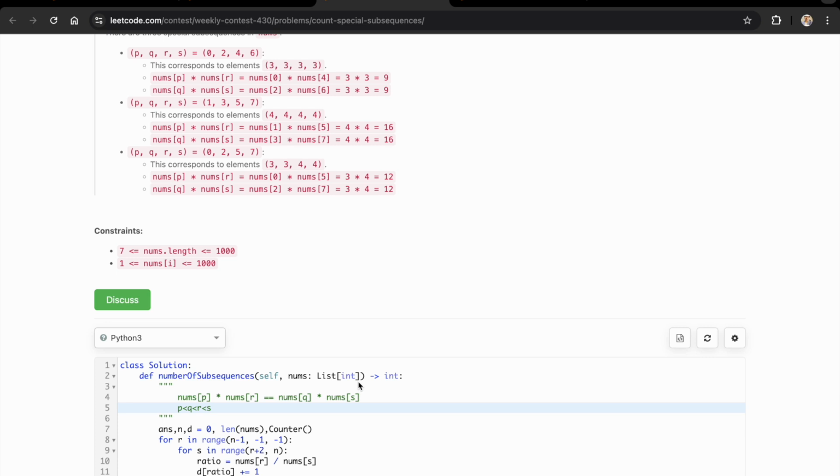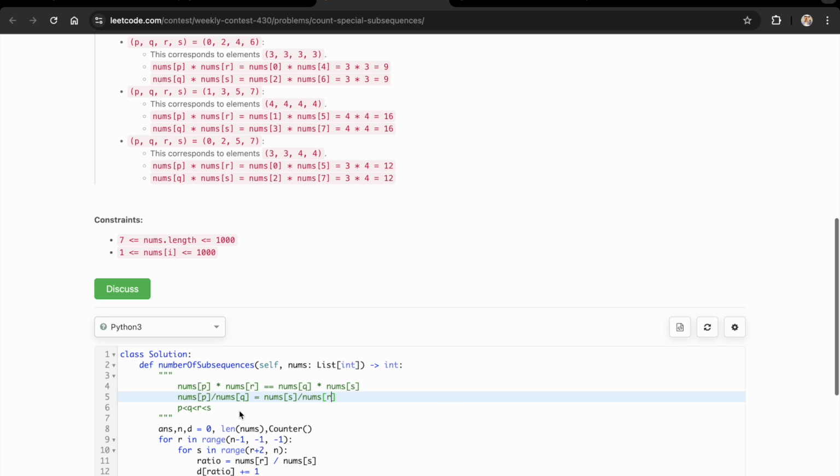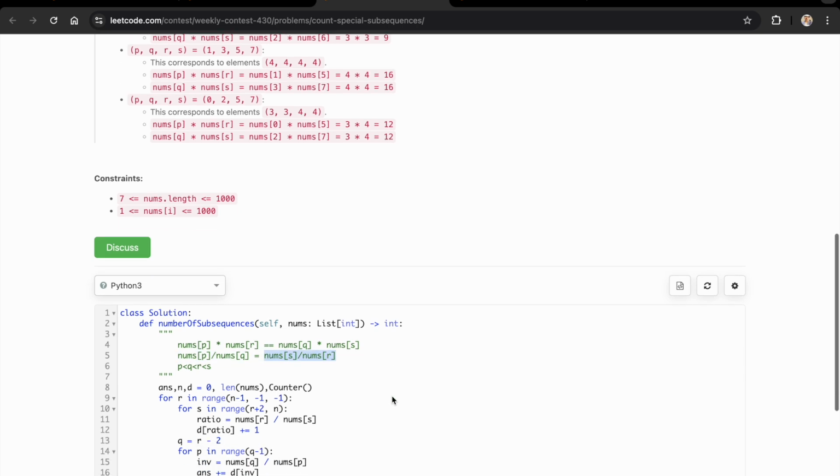Currently we have this equation, but after this it becomes the new form. So we will try to find pairs of this.